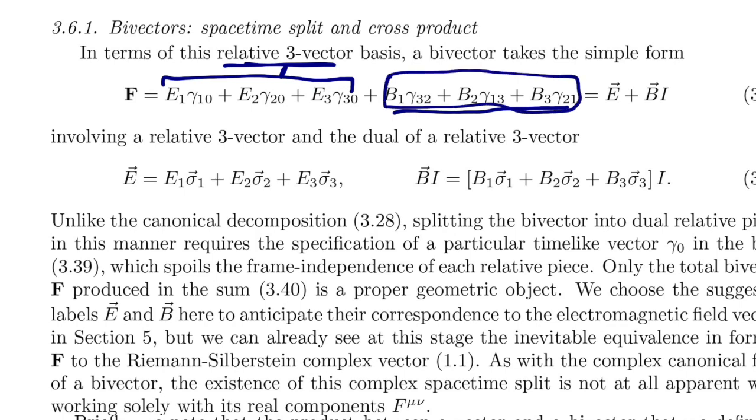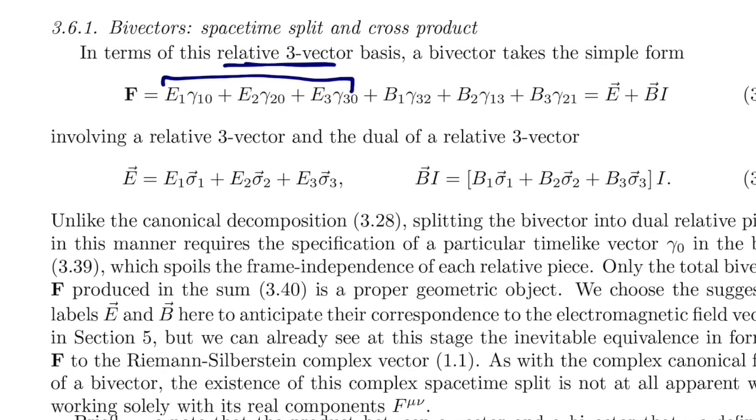But of course, what's left is just the dual of a relative 3-vector. And interestingly, they've labeled the coefficients of the relative 3-vectors with the letter E and its dual with the letter B. And they've given this whole bivector the letter F.